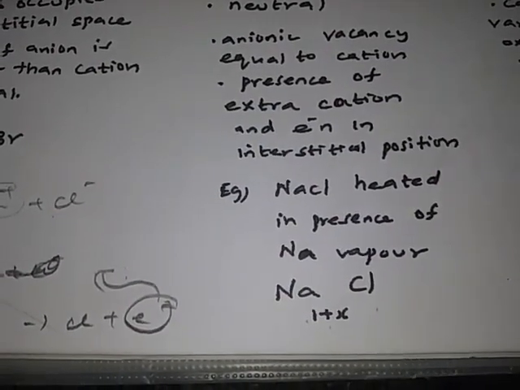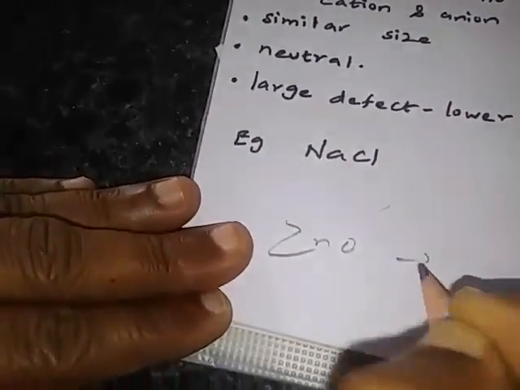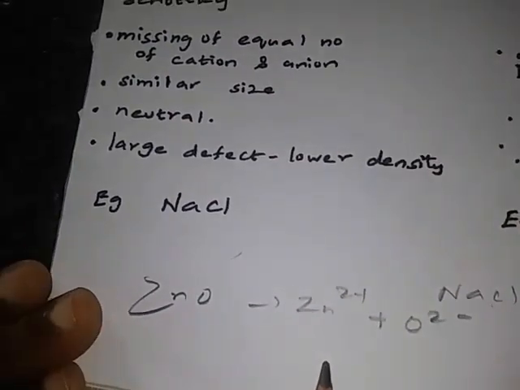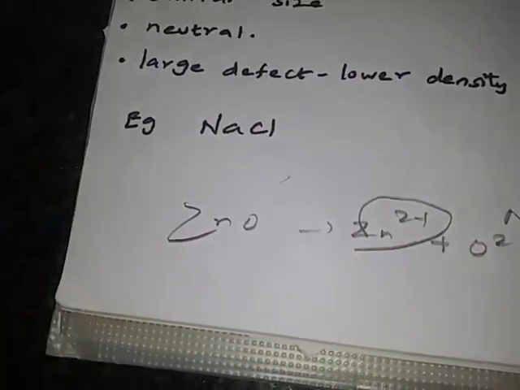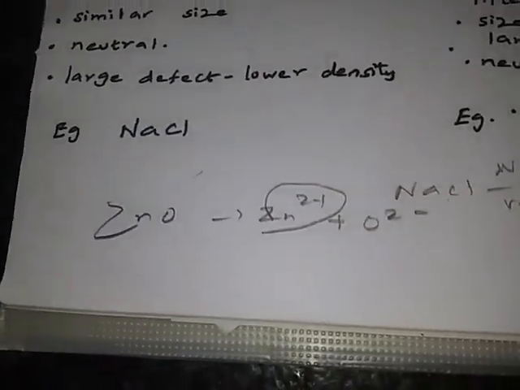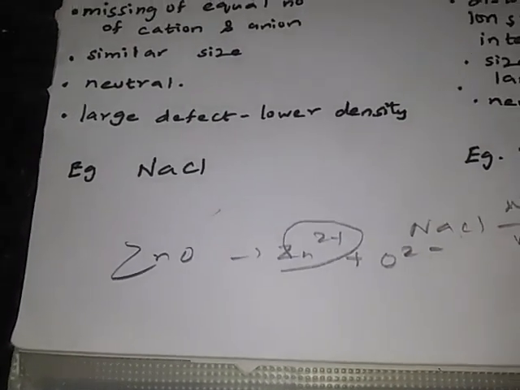When it is heated, zinc oxide changes into Zn2 plus ions and O2 minus ions. Here the Zn2 plus ions move to the interstitial sites and the electrons occupy the position. So this defect is called the metal excess defect.